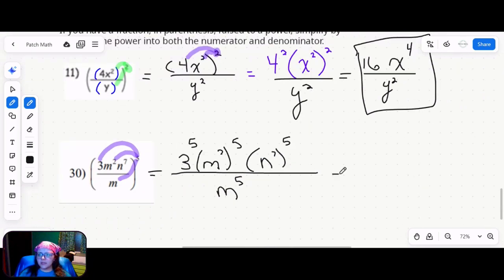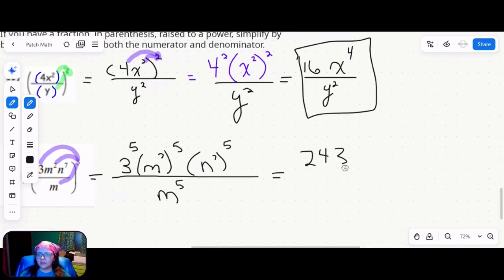And you'll see we just have a little more simplification to do. We have 3 raised to the 5th power. That is 243.